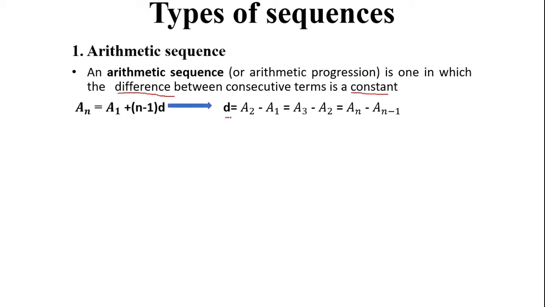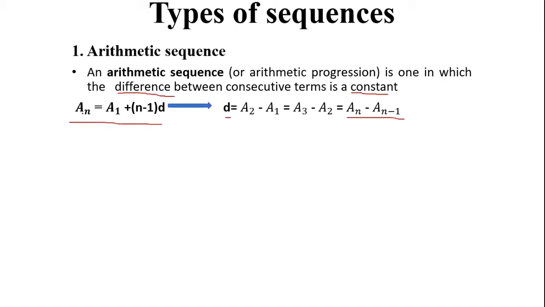We can obtain d by subtracting the first term from the second term, or we can also use a3 minus a2, but in general we can use the formula d equals an minus a(n minus 1).